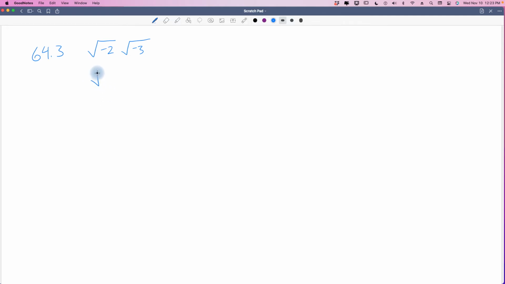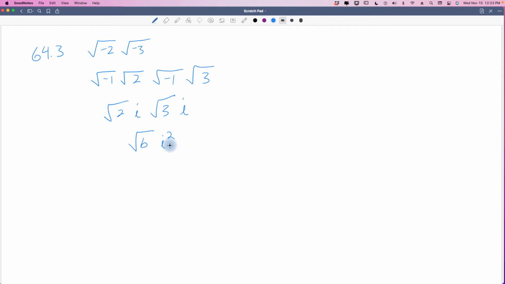Euler's notation is the square root of -1 times 2 times the square root of -1 times 3, where these are both i, right? So that would be the square root of 2 times i times the square root of 3 times i. So what we end up with is the square root of 6 times i squared.